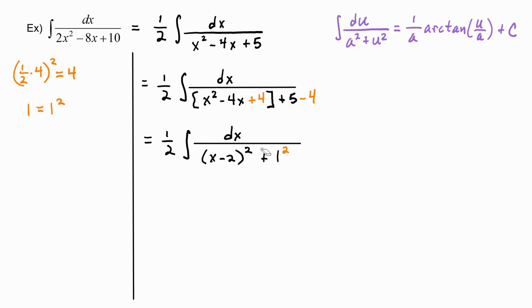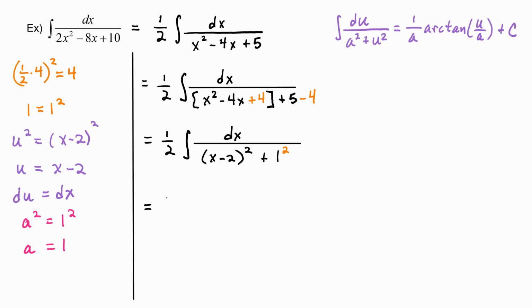So let's let u squared equal the quantity x minus 2 squared. Then that means u will equal x minus 2, and du will equal dx. Then that means a squared has to equal 1 squared, which means a is equal to 1. So this is going to equal 1/2 times the integral.